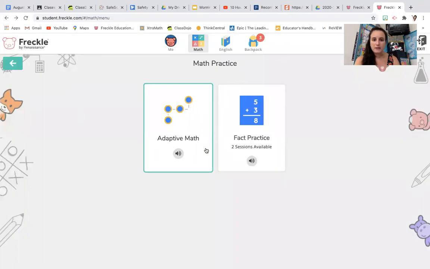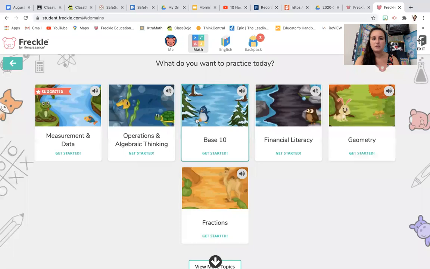I'm gonna leave that. And then this is adaptive math. So this is more like skill practice. So you'll notice that you have a lot of options here. We are going to learn all of this math this year, but right now we haven't learned anything yet. But this adapts to your own skill level.